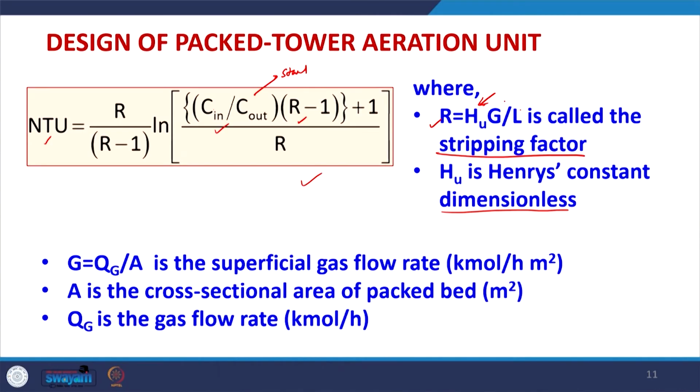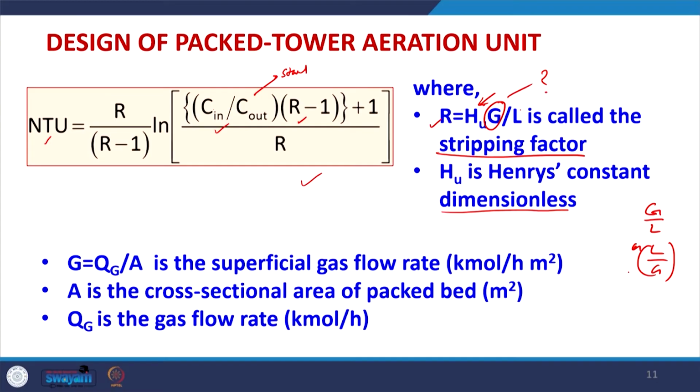So, that means G is the only variable that we have to find out, and this G by L, or we can call it L by G, is what we have to determine, and this is determined via material balance. Via material balance we can find out the minimum L by G, and then we can take some L by G value above that. So, we can always have some idea regarding this G by L or L by G.